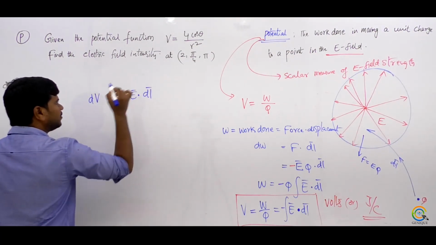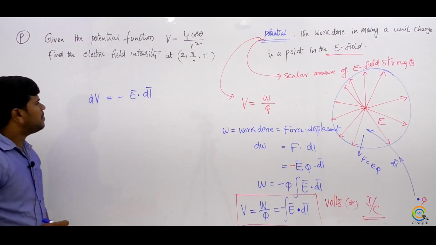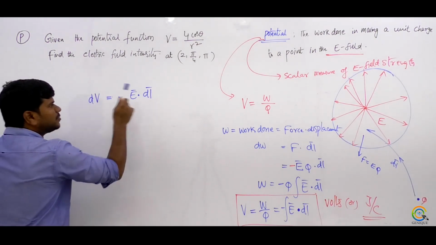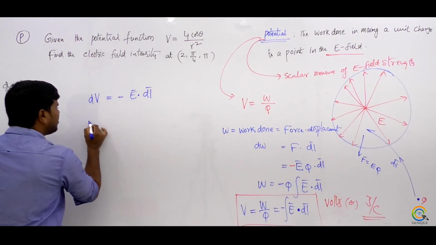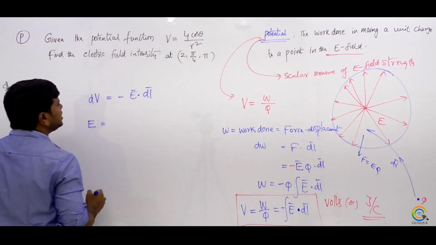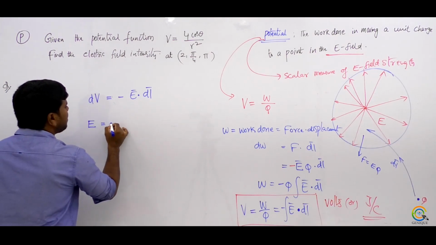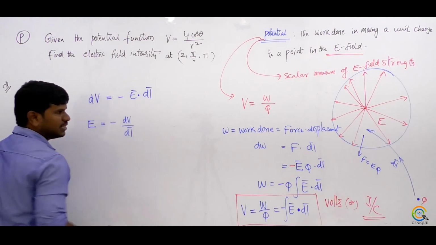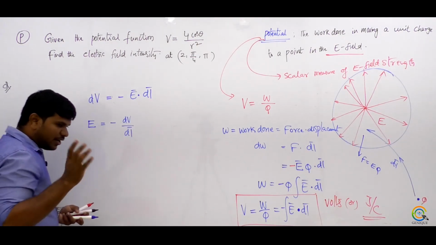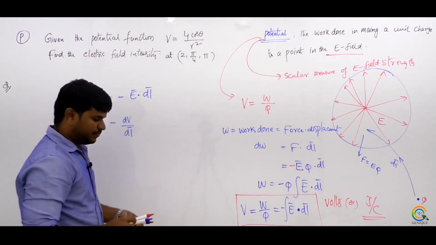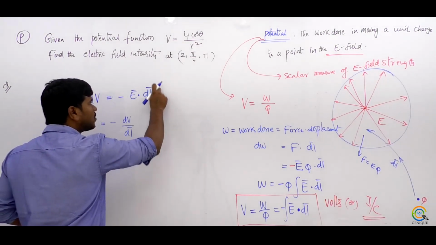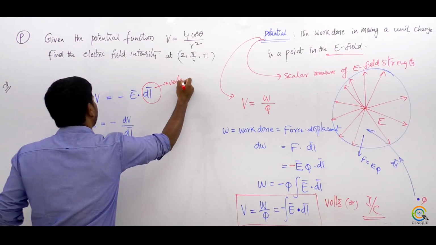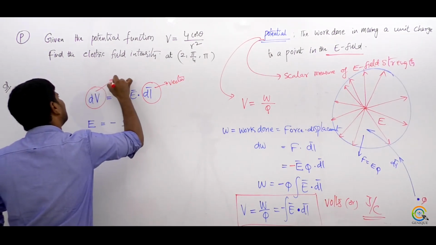It is a vector. Okay. So if you observe this, what is E? From this, what can I write? E is equal to minus dV by dl. Observe this, dV by dl. Here you have to notice one thing: E is a vector quantity, while V is a scalar.